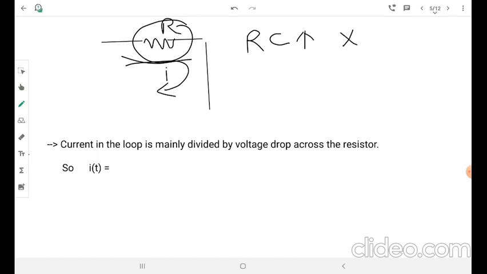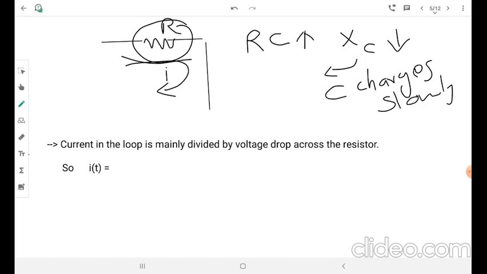The reactance of the capacitor will be very less. Very less reactance means the capacitor charges very slowly. That means it acts as a short circuit. So the voltage drop across this capacitor, VC, is almost zero. So almost all the voltage drop will be across this resistor.